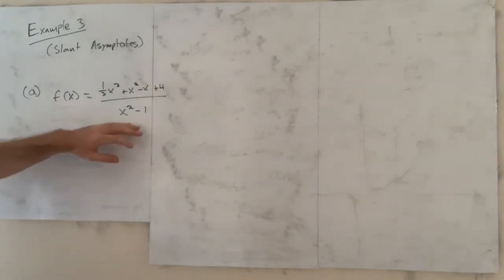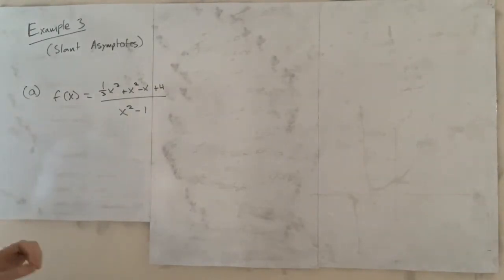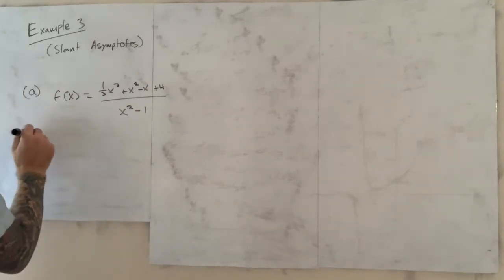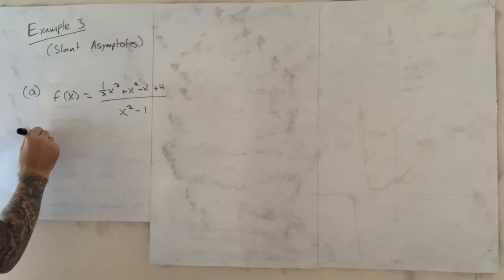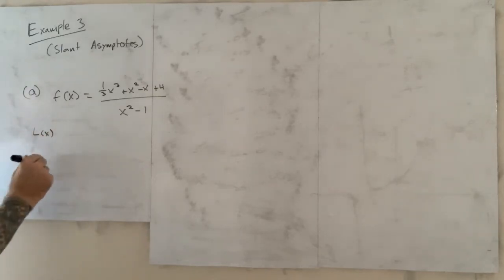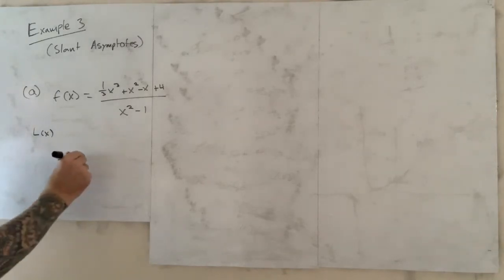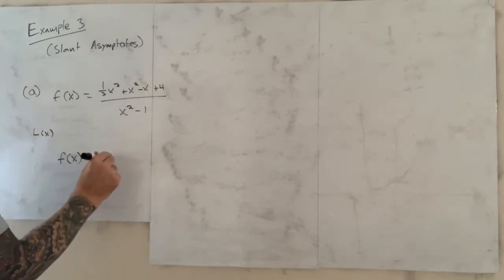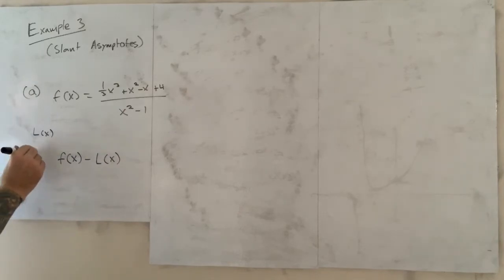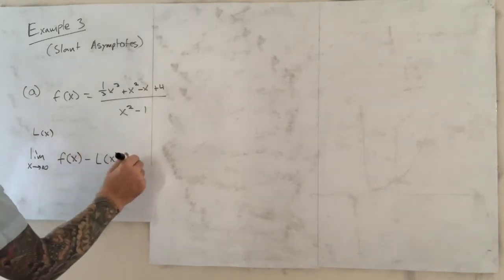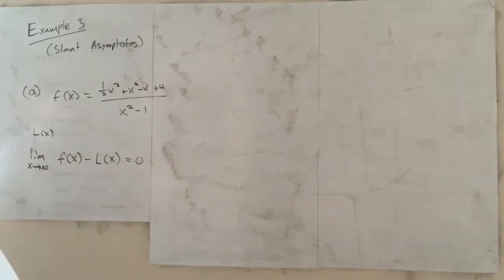Well, a slant asymptote is going to be a line where, if I look at f of x and I subtract that line and I take the limit as x goes to infinity or negative infinity, I get 0.